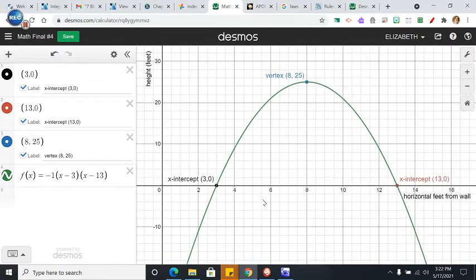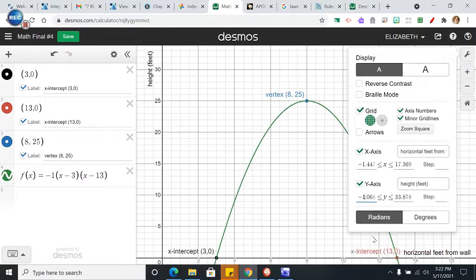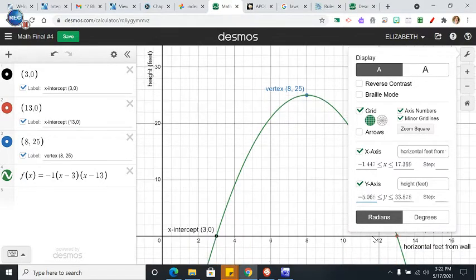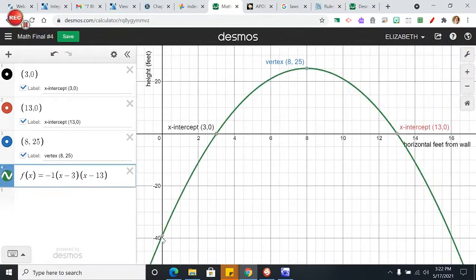The y-intercept is just, I'm going to adjust my y-min so that I can see it. It doesn't have any meaning in terms of this graph. Okay, I made my y-min negative 50, and I can see my y-intercept is right here at 0, negative 39. It's not that hard.